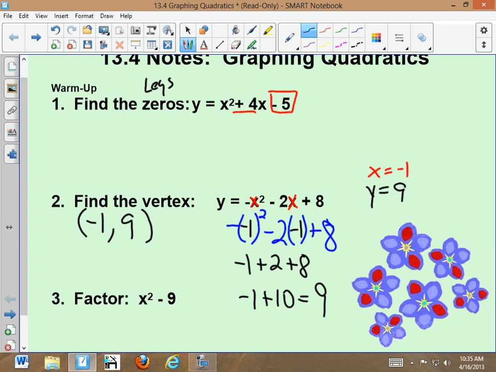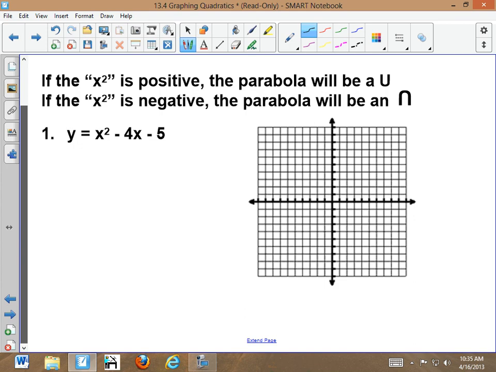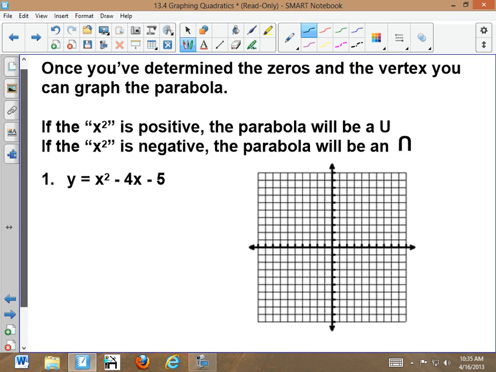There is nothing at all difficult about this. Okay, so now we're going to take this information and actually graph it. Today, all we're going to do is graph. Remember, I told you this yesterday, if the x squared is positive, the parabola is happy. It's smiling.